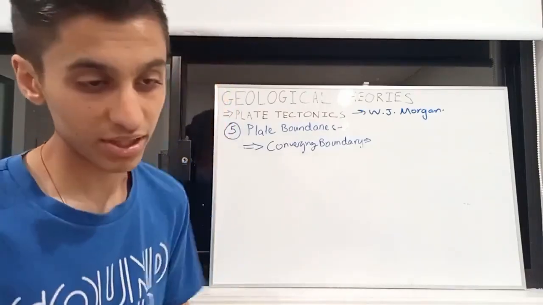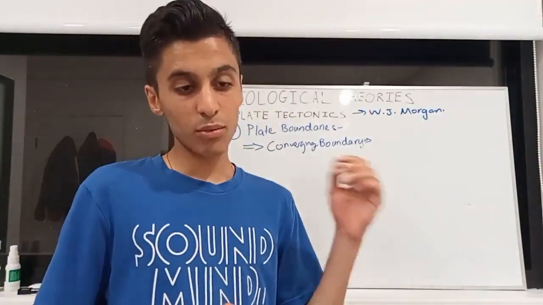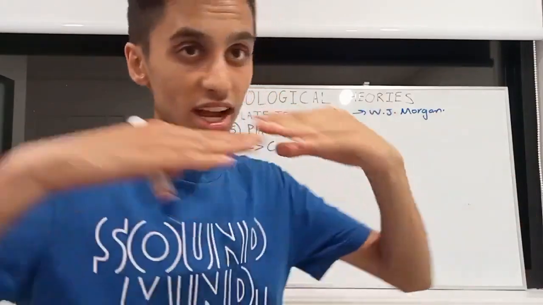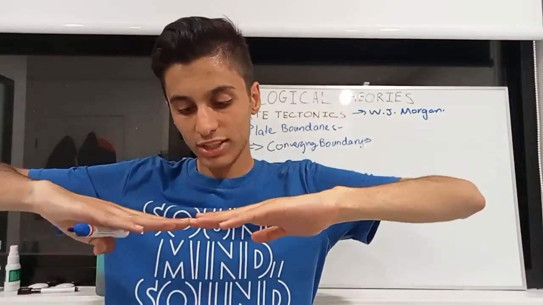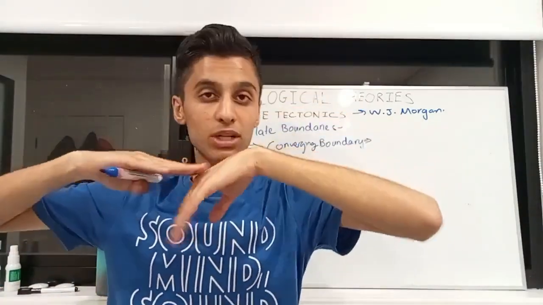Converging plate boundaries are a little bit different. First of all, to define it, it's where plates are colliding with each other. So when two plates move into each other, one plate doesn't necessarily have to subduct under the other.